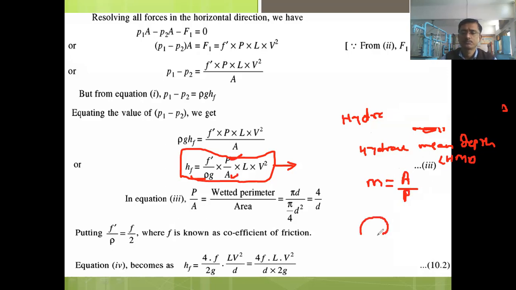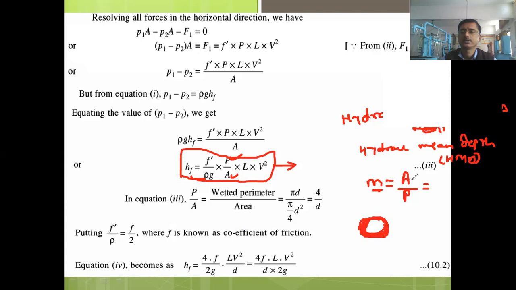Suppose liquid is flowing through a pipe. Then whatever may be the area of the pipe, wetted area means the area which has become wet, divided by its wetted perimeter. That is called the hydraulic mean depth, HMD, or hydraulic radius.